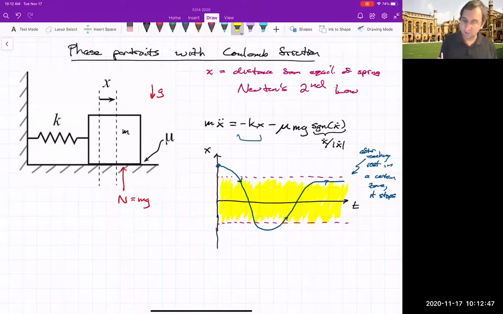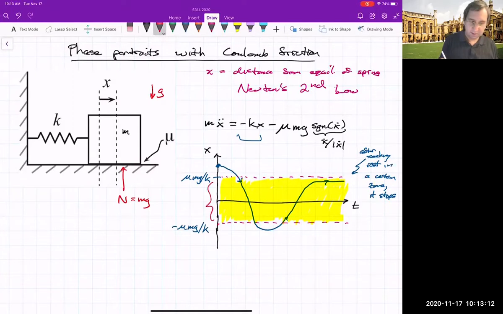And if it does within that zone, then the thing stops. So there's this region of equilibria. And in fact, this is mu mg over k and negative mu mg over k. So you would get that from a cone of friction analysis.